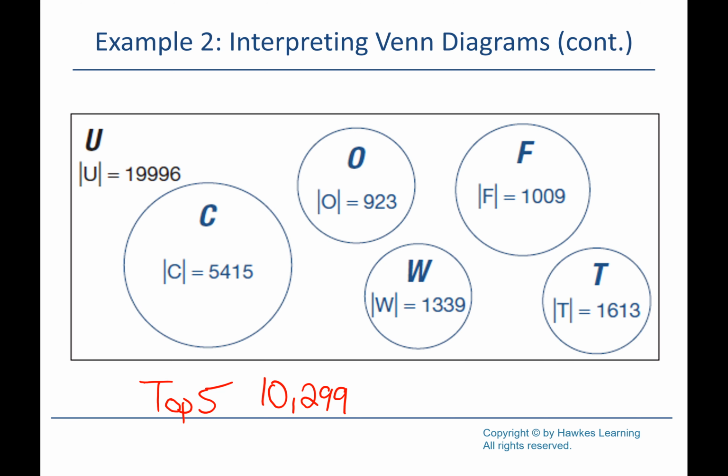Well, this is the total in all the United States, our universal set. So we can take that number and subtract, and we get our number for outside of the top 5 states. Questions on that one? It's not too hard.